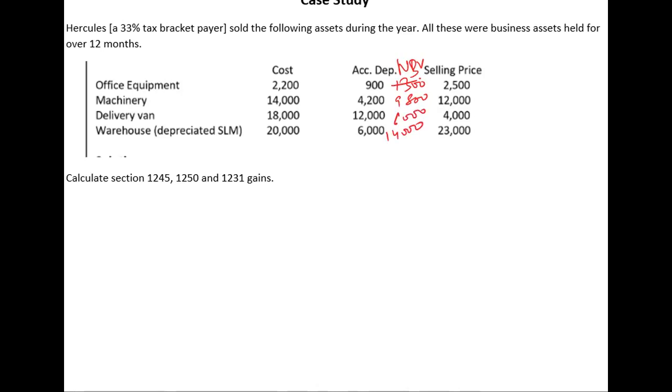This is the SLM method given. Now, net book values are these, and we have selling prices given. So the recognized gain or loss will be 1,200, that is 2,500 minus 1,300, 12,000 minus 9,800, 2,200 minus 2,000 and 9,000.